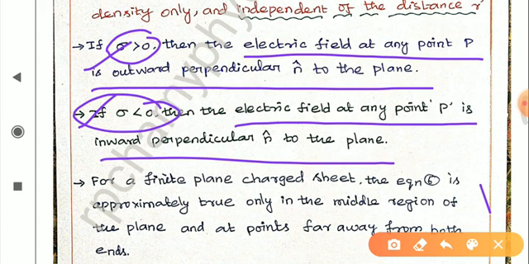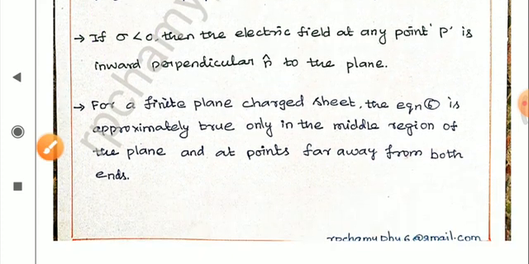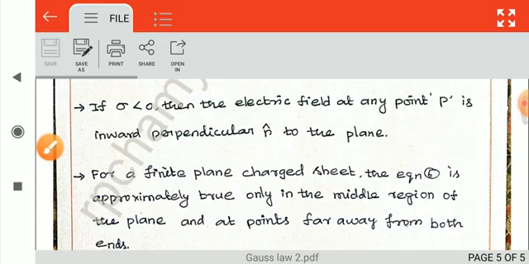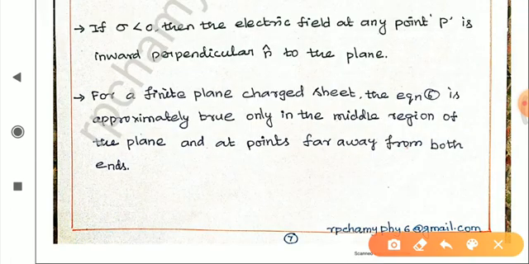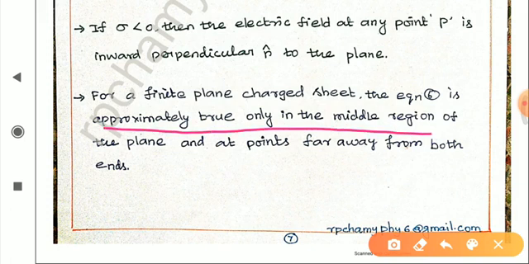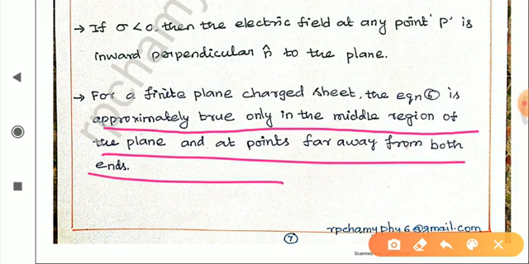Right. Now let us move to the next topic. Finally, the last point: for a finite plane charged sheet, the result is approximately true only in the middle region of the plane. So it is only approximate, not accurate.